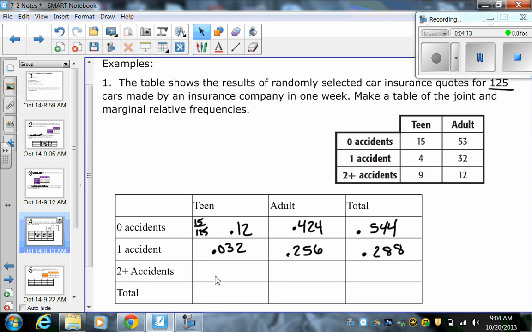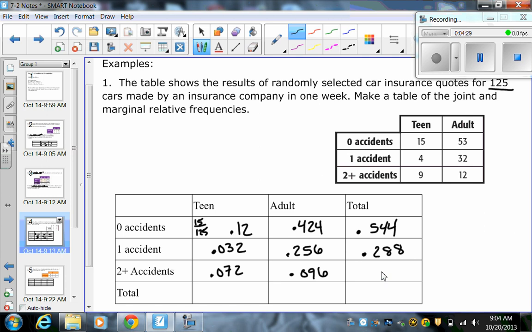For 2 plus accidents for a teen, 9 divided by 125 would come out to be 0.072. For adults, 12 divided by 125 would be 0.096.